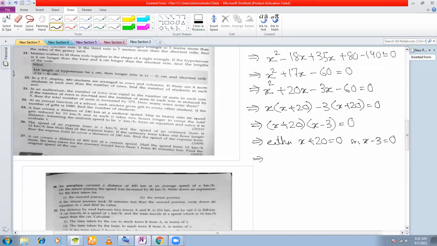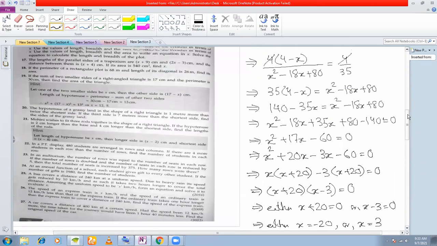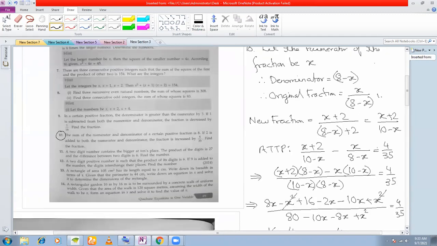That means either you get x is equal to minus 20, or you get x is equal to 3. Okay. So when x is equal to minus 20, what is the original fraction? Original fraction here was x by 8 minus x.